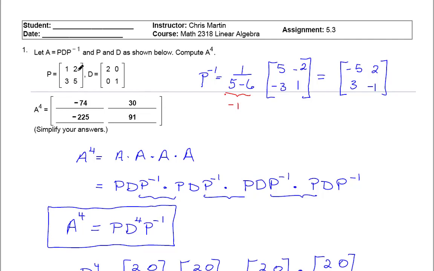And then you have the negative of the other two. And this was our simple formula for A inverse in the 2 by 2 case. So we're going to need that in just a moment, because when I get A to the fourth, I'm going to need P D to the fourth times P inverse.